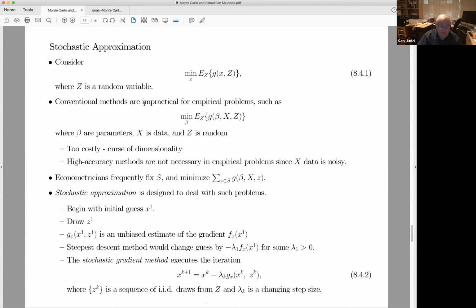Now here's the problem. For a lot of economics problems, the dimensionality of the integral is too high, or the economists think so. So they love to use stochastic approximations to things such as Bayesian posteriors, and so they use the Monte Carlo approach.